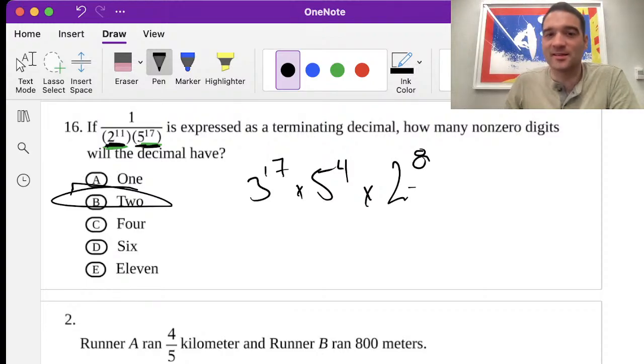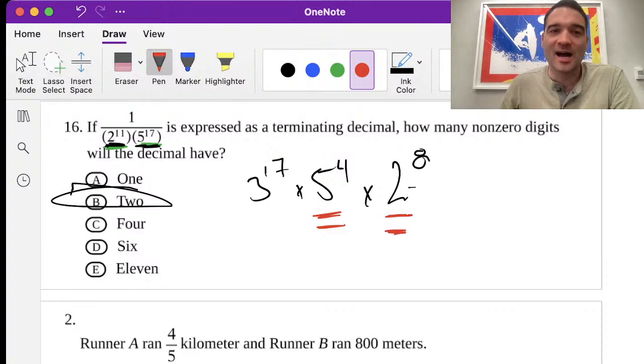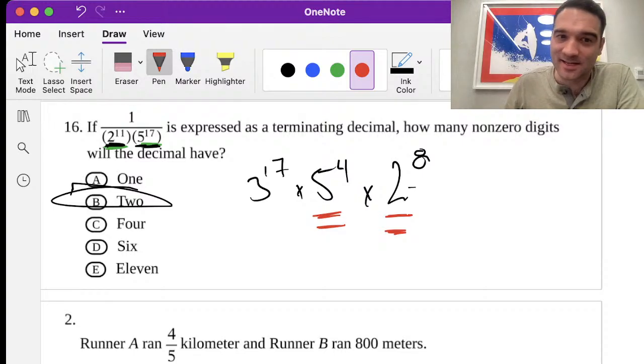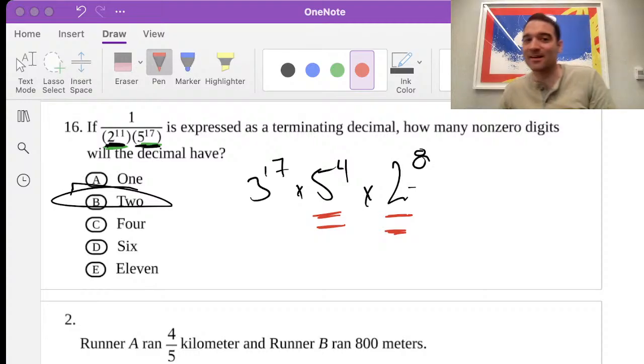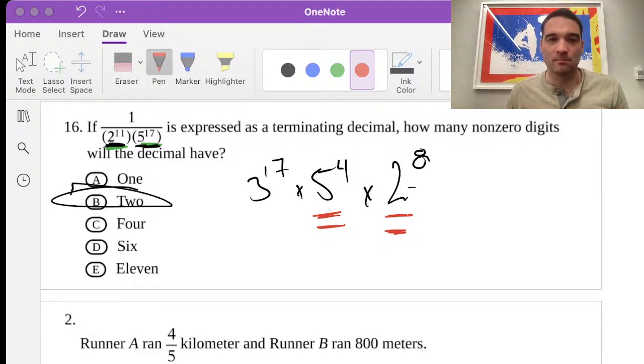Just looking at this, if I look at the pieces that create zeros, as in create tens, fives and twos, I can create 4 tens because I have 4 fives and 4 of the twos. So anytime you've got twos and fives floating around together, that creates tens.